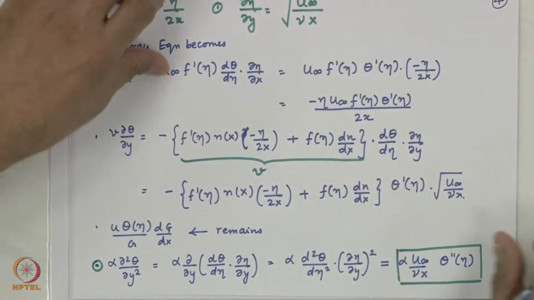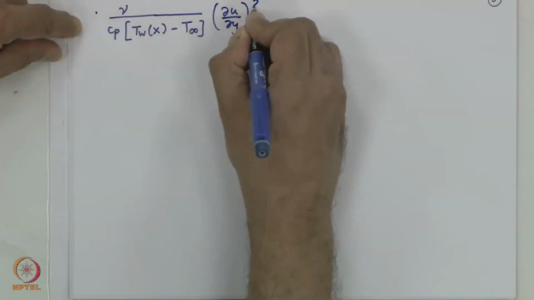And your viscous dissipation term. The viscous dissipation term, which was ν by Cp (T_wall(x) minus T∞), times (du/dy) whole squared.